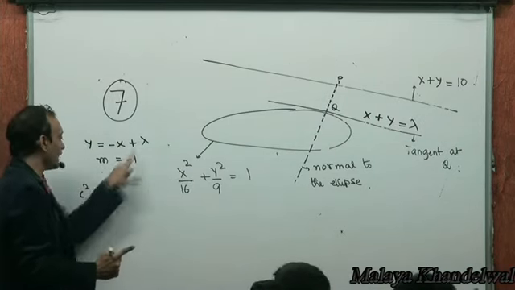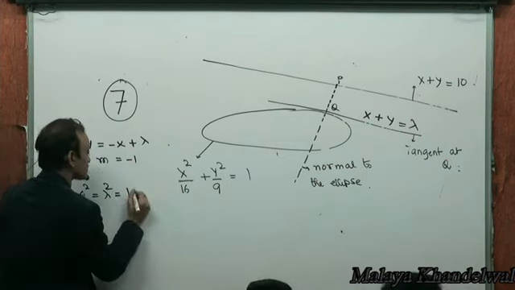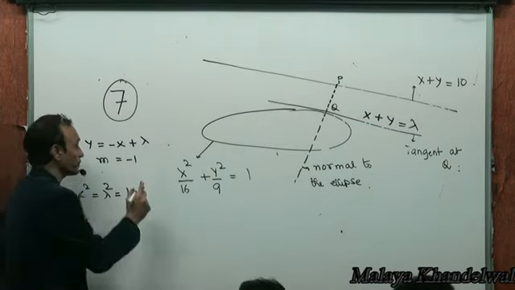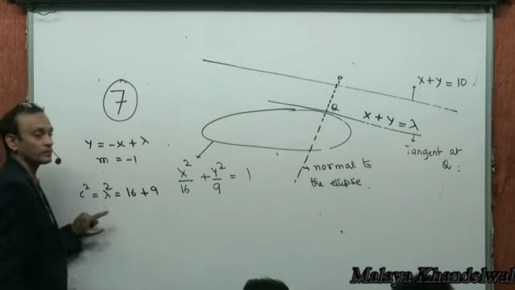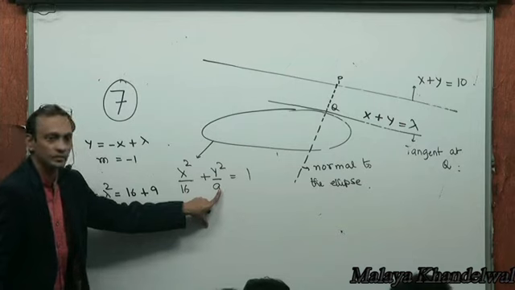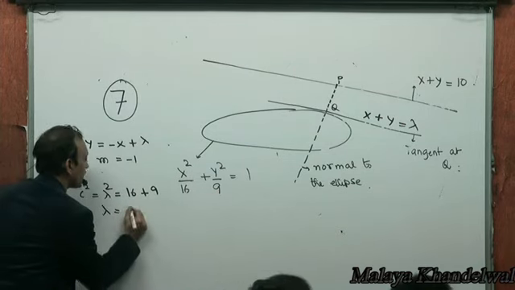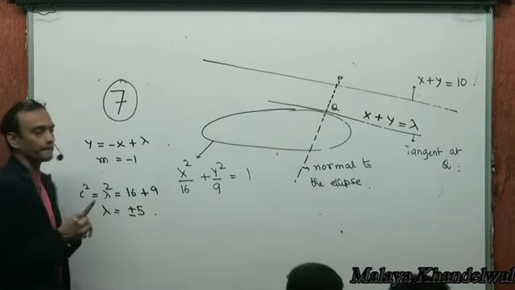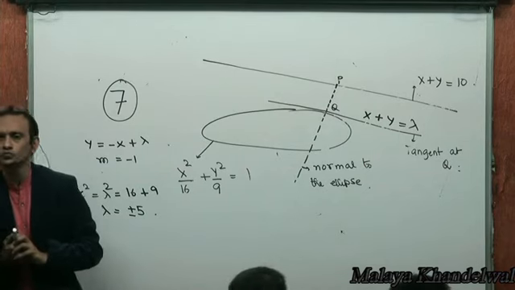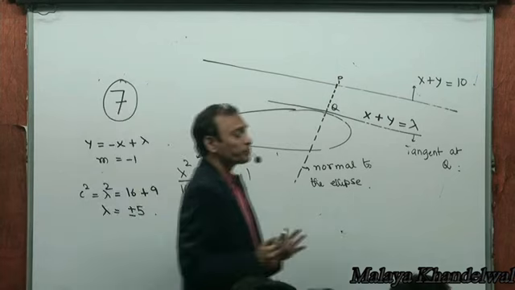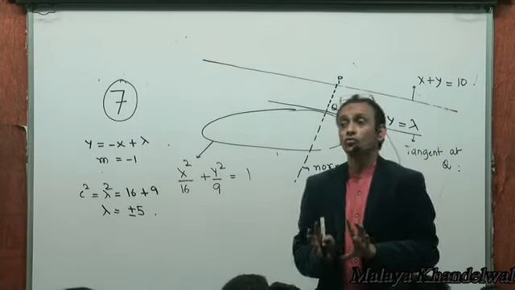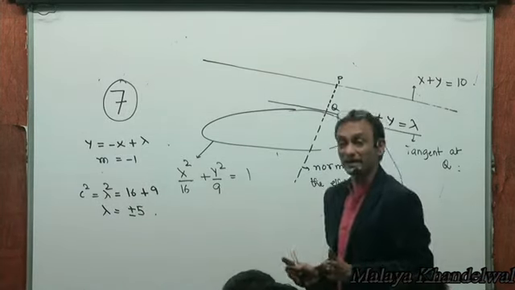Lambda squared must be a squared, that is 16, into m squared, which is 1, plus b squared, that is 9. So lambda could have been plus minus 5. Yes or no? Very clearly, there are two tangents of slope minus 1.